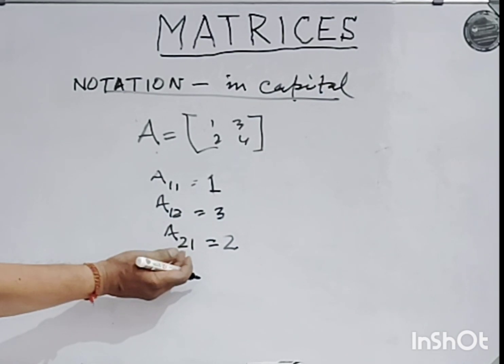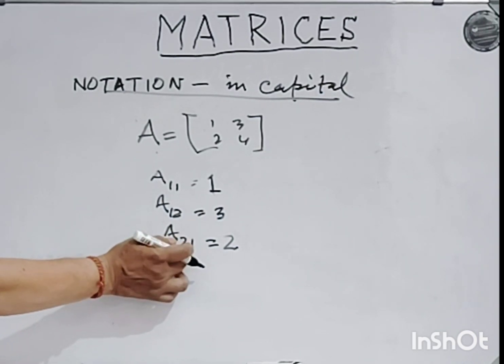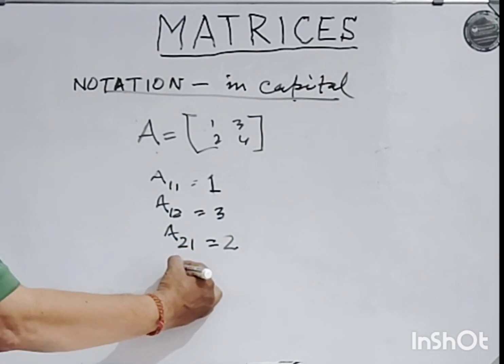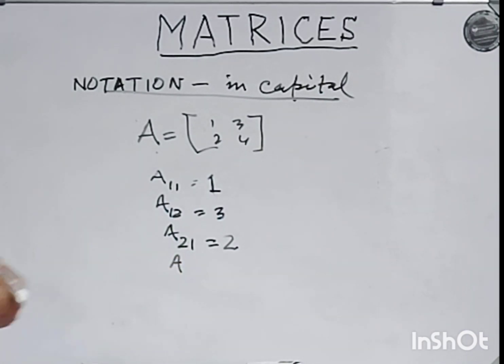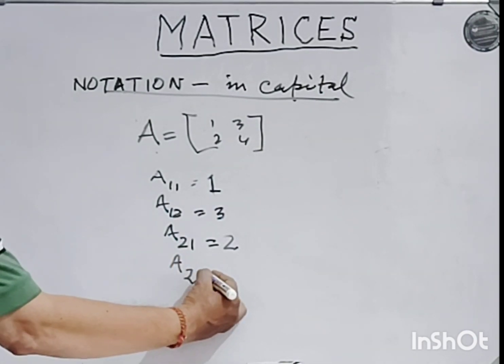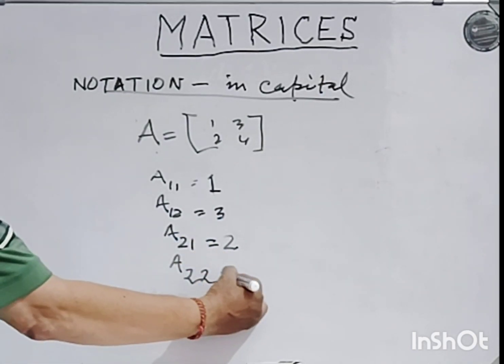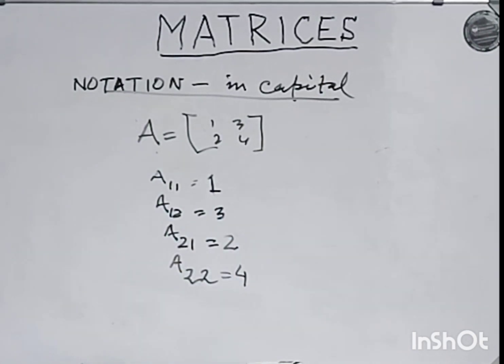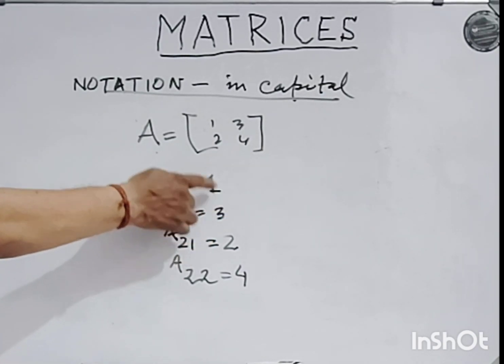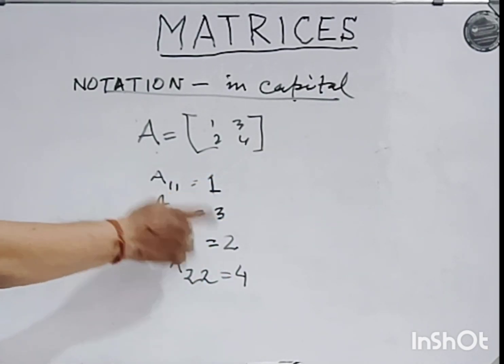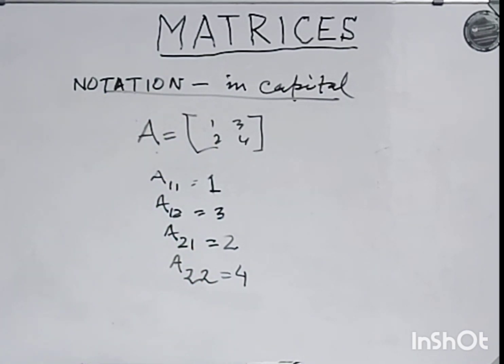Second row, second column, it is 4. These are elements which are placed in the matrix.